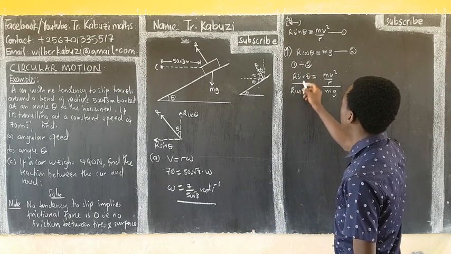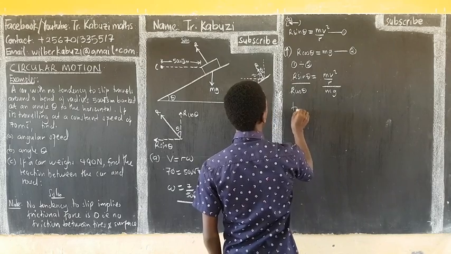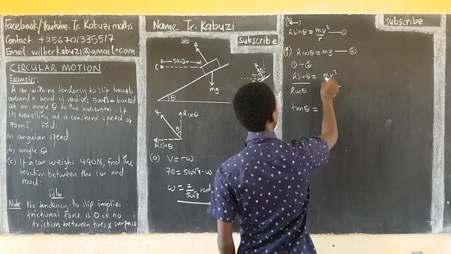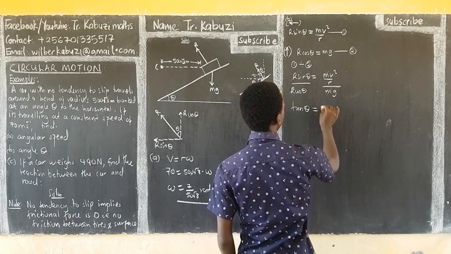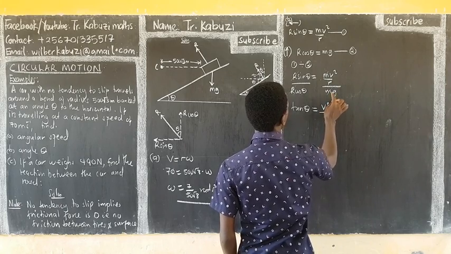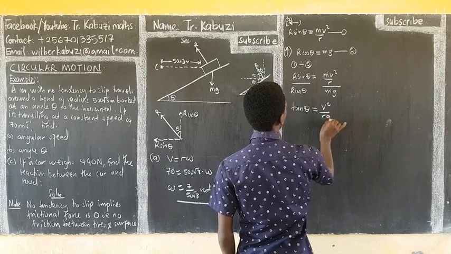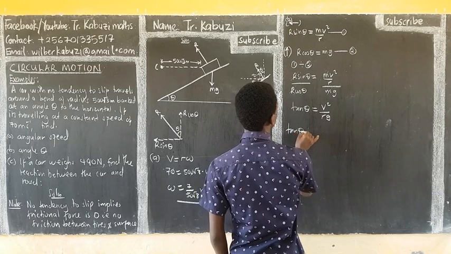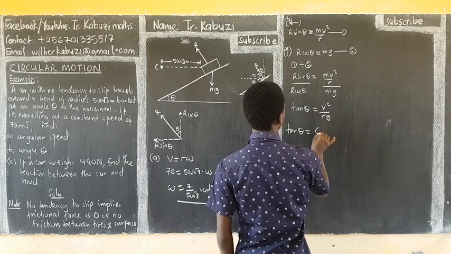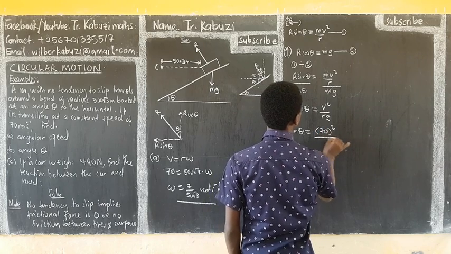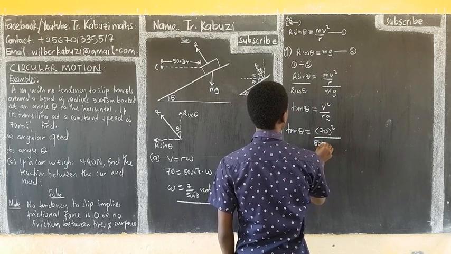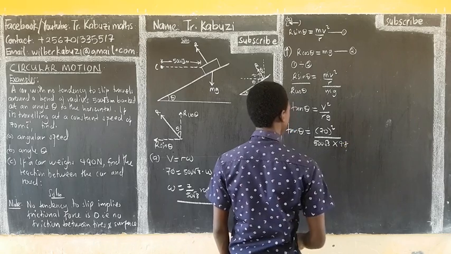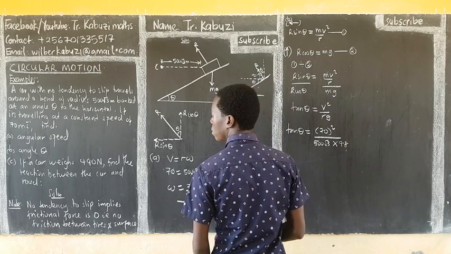This will vanish, and this will give us tan theta. So tan theta equals v squared over rg. So our tan theta is going to be v, which is 70, squared, over the radius, which is 500 root 3, times g, 9.8.